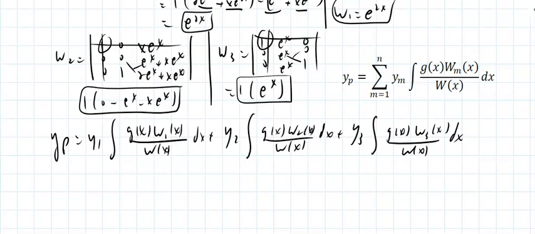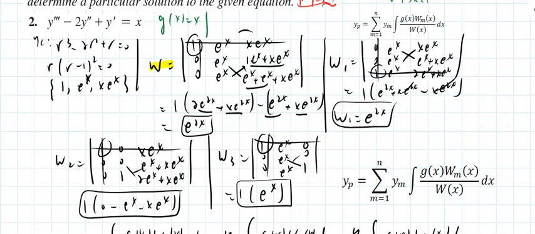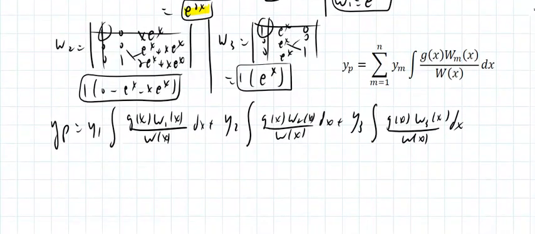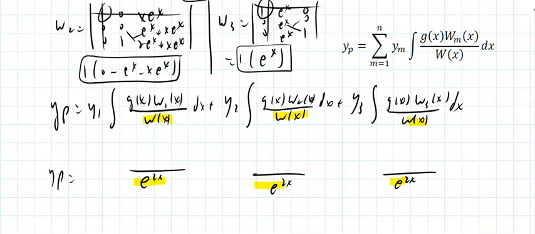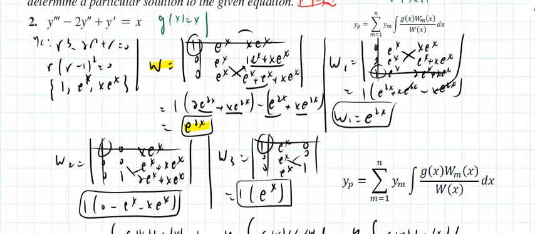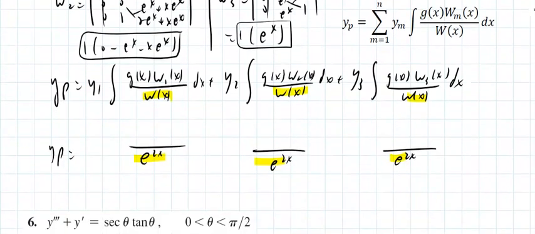Well, let's see what we know. We know that w is e to the 2x in each of those cases. The first y I got, so it's going to be 1, e to the x, and x e to the x.